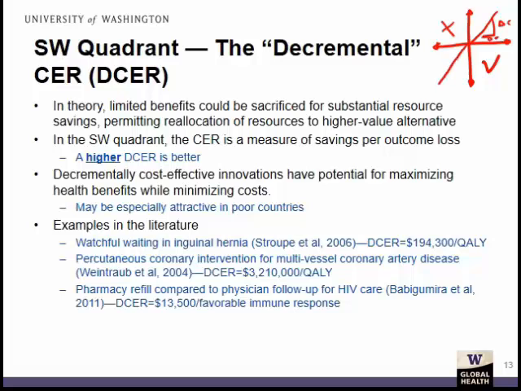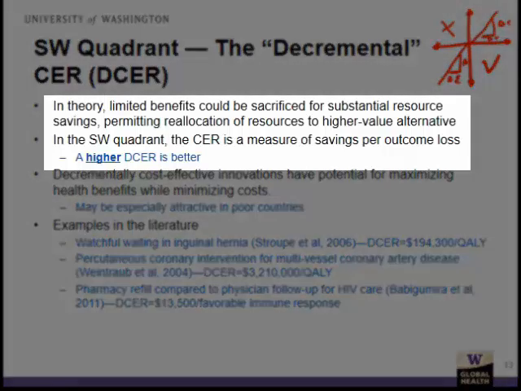And in this quadrant, you have to calculate a DISA, which is also a change in cost over the change in effectiveness. And the theory is that you could reduce effectiveness marginally and essentially generate substantial savings, and that these savings, this money, can be put to higher value alternative healthcare interventions.